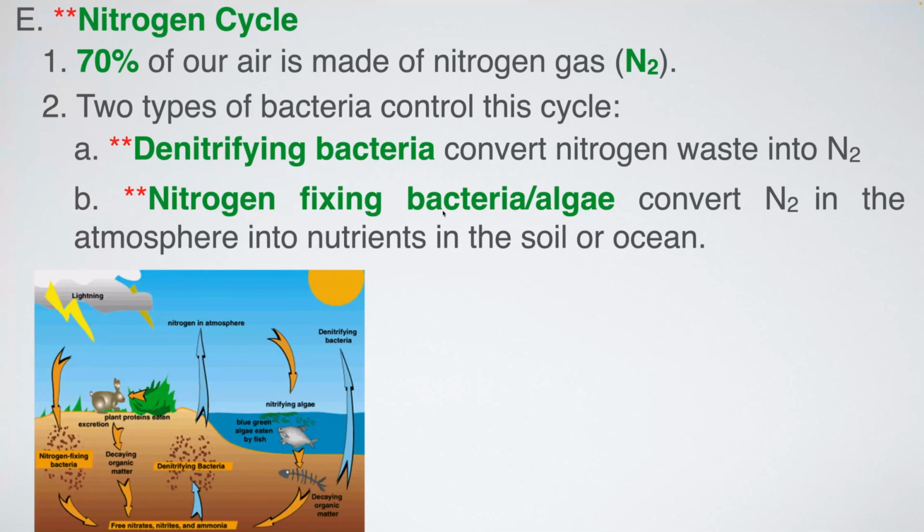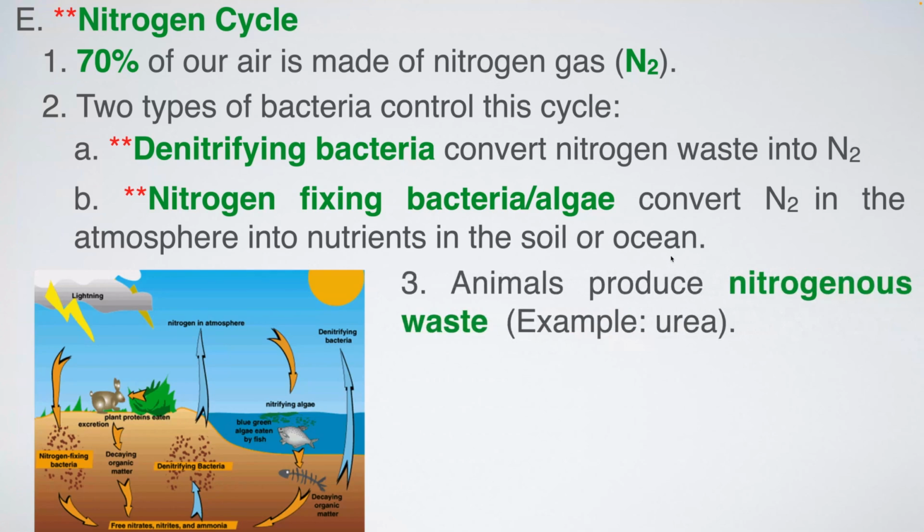Bacteria are mostly soil-based little microscopic guys, and algae are slightly bigger, the green stuff, like the scummy stuff you see in a pond. That would be more in the ocean, or in a pond or a river or something.